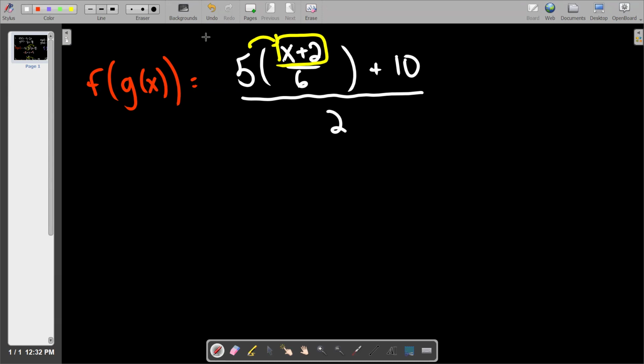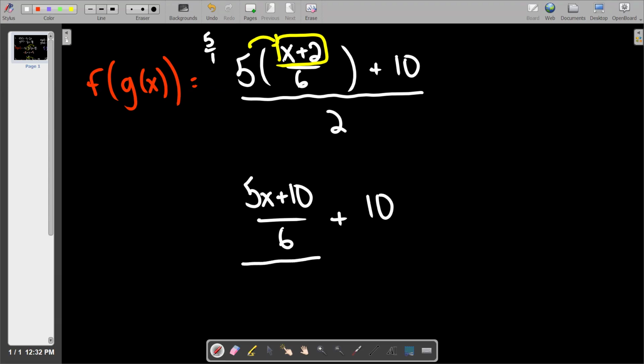And when you multiply by 5 over 1, the 5 only multiplies to the top. That's a pretty common mistake because people hit it to the bottom. We don't do that. So we're going to wind up with 5x plus 10 over 6 plus 10. And then all of that is over 2. Good.